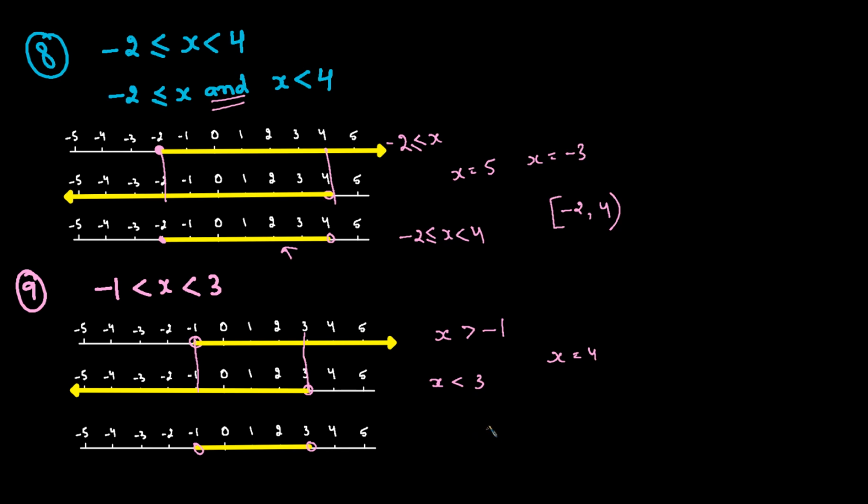So in interval notation, -1 and 3, and both -1 and 3 are not included as there is no equal to sign, so we're going to use round parentheses. So that's how we can write the interval notation for this inequality, which is x is greater than -1 and less than 3.